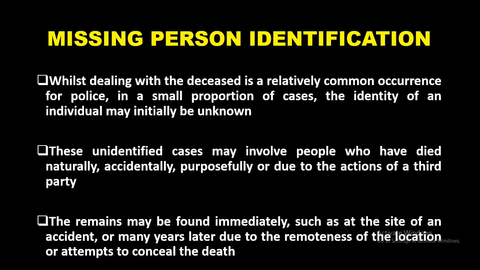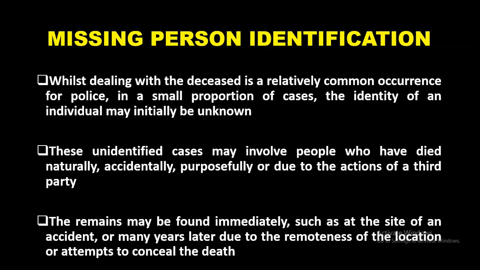Whilst dealing with the deceased is a relatively common occurrence for police, in a small proportion of cases, the identity of an individual may initially be unknown. These unidentified cases may involve people who have died naturally, accidentally, purposefully, or due to the actions of a third party.